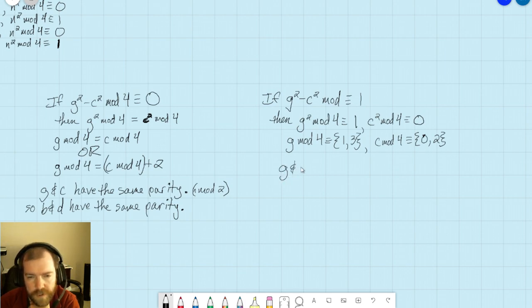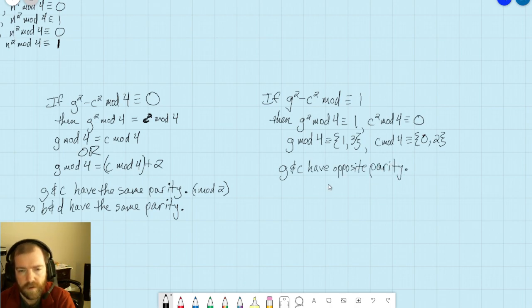So g and c have opposite parity. And therefore, b and d must be the same.